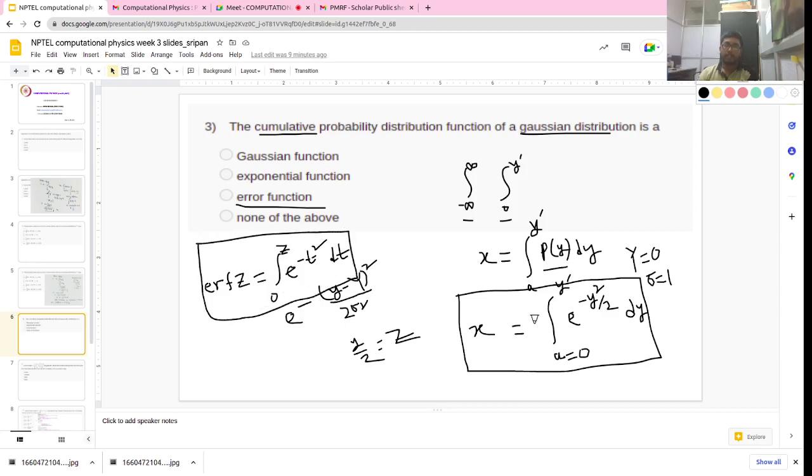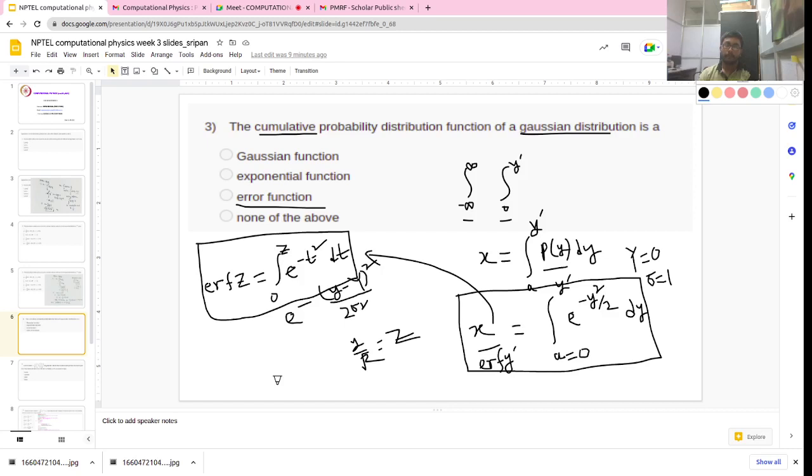If you change y by root 2 to be z, you will get this form, exponential minus z square dz, and this will be given by the error function of y prime. If you resemble this with this, you can have the answer.